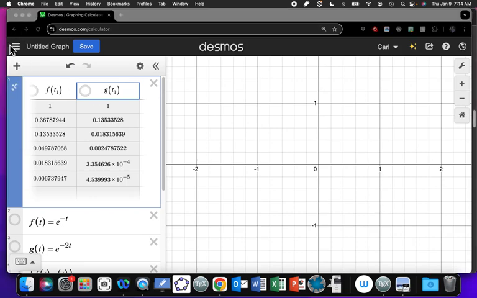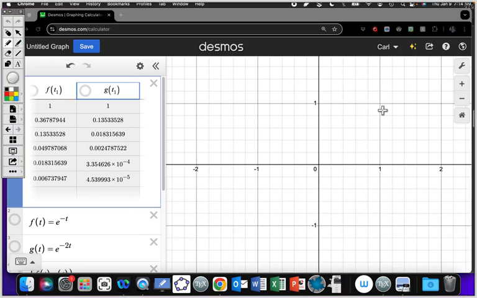When t is 0, we're at (1, 1). And then (0.36, 0.13). So at 0.36, so like around a third, we're at 0.13. And then at 0.1, we're at 0.01.